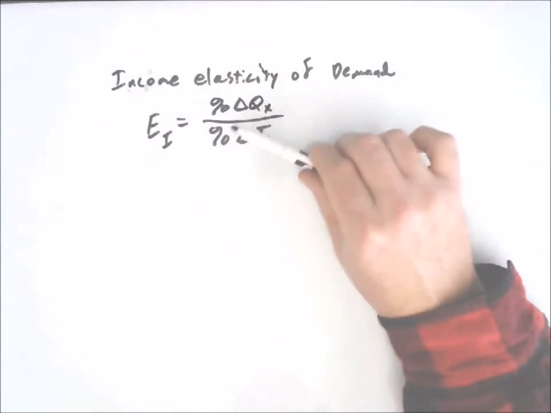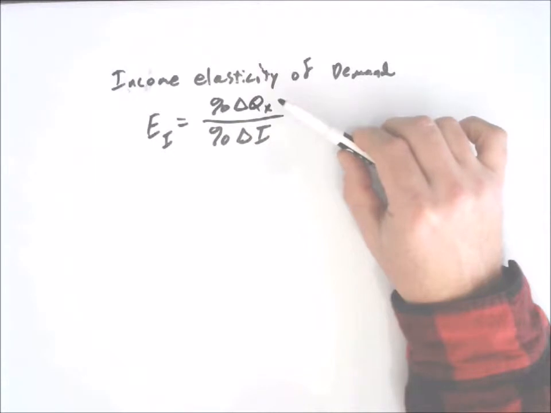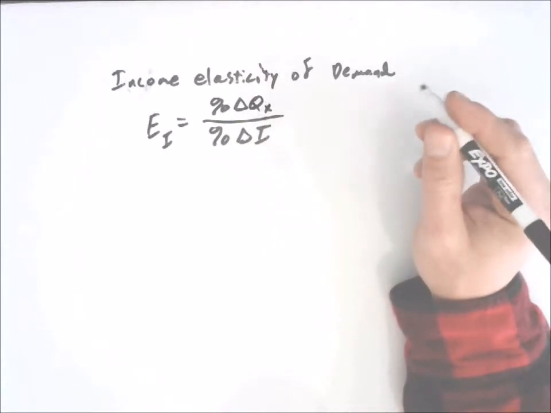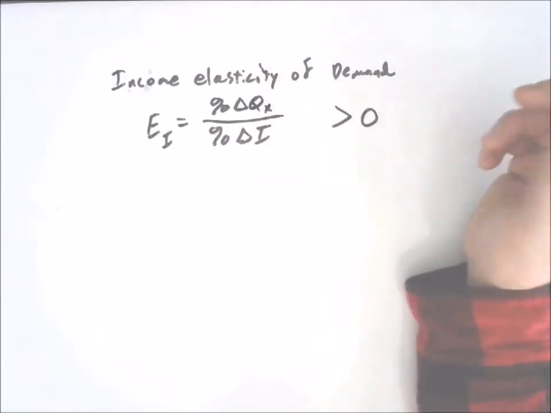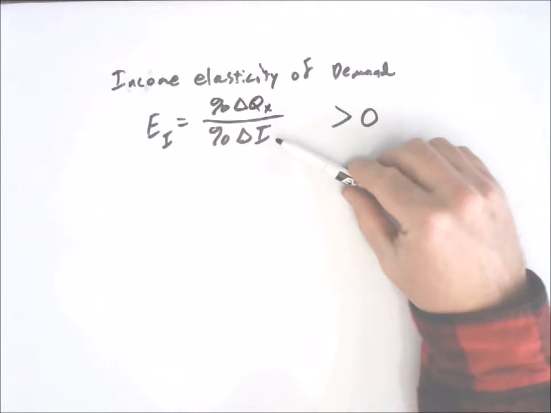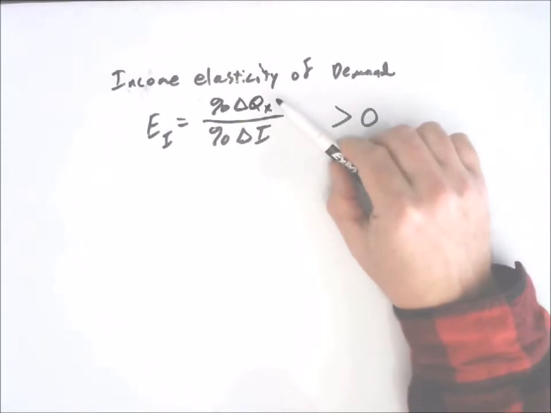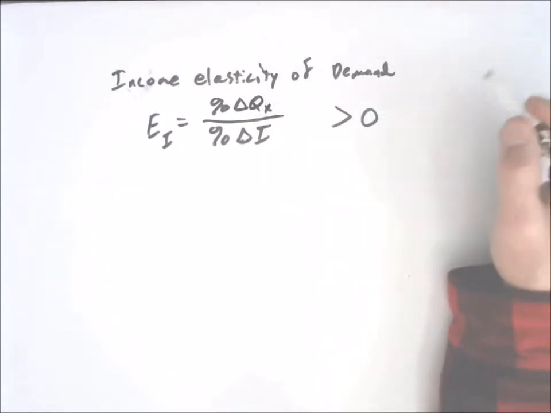Well, the pivotal reference point here is an income elasticity value equal to 0. If this value is greater than 0, then if I increase incomes, I increase demand, and if I decrease incomes, I decrease demand. That's what would give me a value greater than 0.